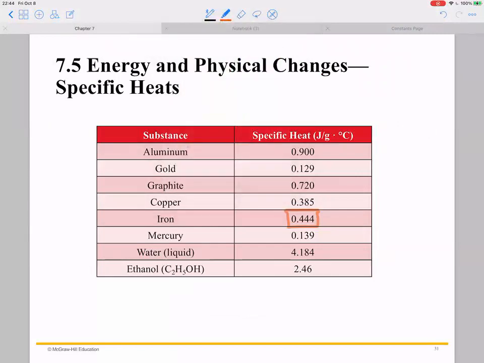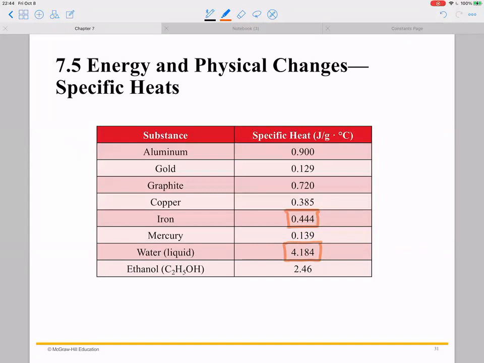That's because the specific heat for water is about 10 times higher than that for iron. In general, it's not quite, it's like 9 point something, but about 10, right? And so the bottom line is you have to put in 10 times more energy into water to raise the temperature by a single degree Celsius than you would iron.